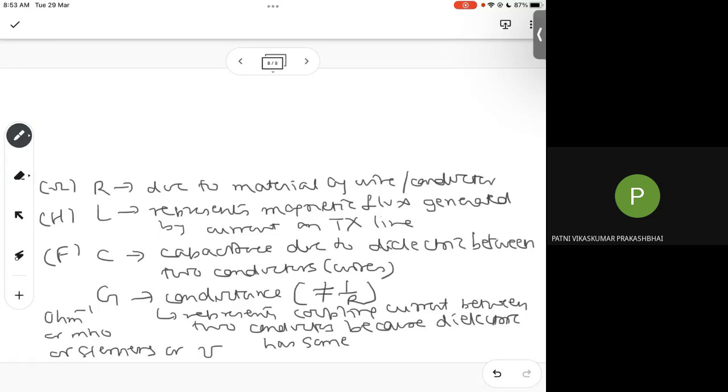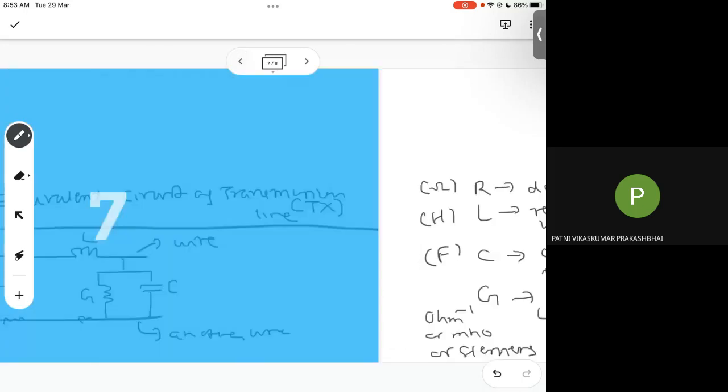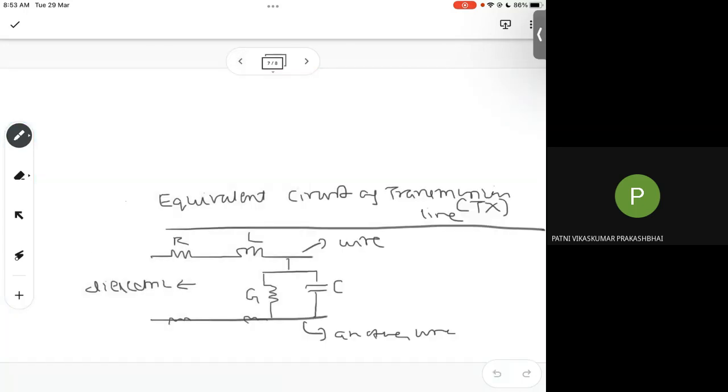So that means there is some conductance, and because of that there is some conductivity. Some current may leak from the conductor which is used for the signal to the conductor which is taken as a ground. So we normally apply the signal here, and this we take as a ground.